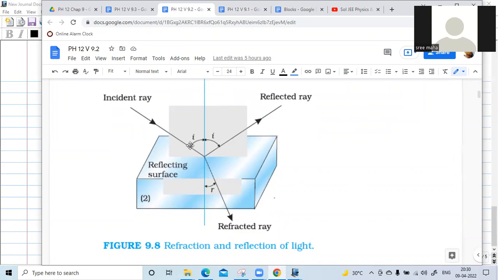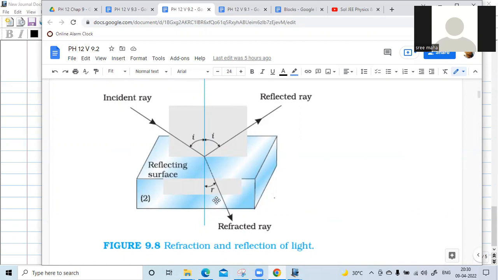And the second law is: the angle of incidence and angle of refraction are related as what? How do you relate? Angle of incidence equal to angle of reflection? No, that is for reflection. For refraction, how do you relate I and R? If I increase I, what will happen to R?